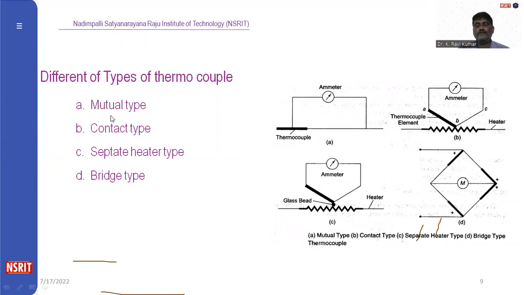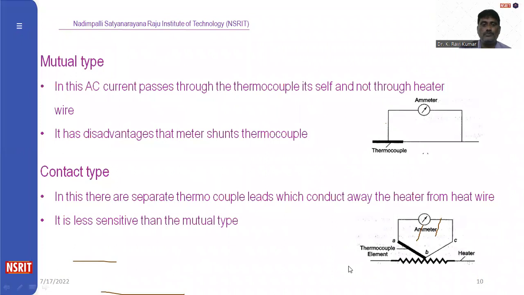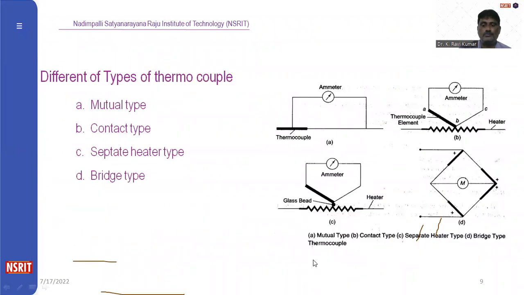Right, we have different types of thermocouples. The first one is the mutual type thermocouple, the second one is the contact type thermocouple, the third one is the separate heater type thermocouple, and the fourth one is the bridge type thermocouple.